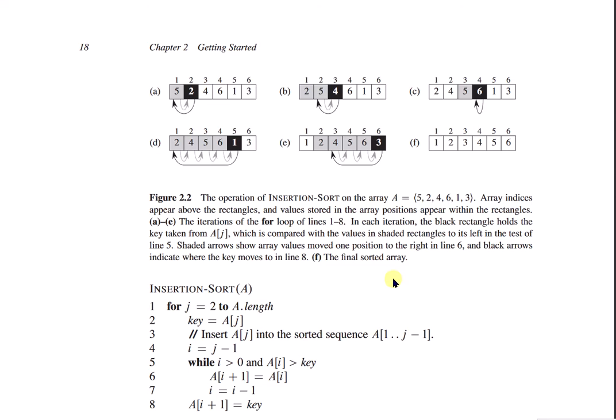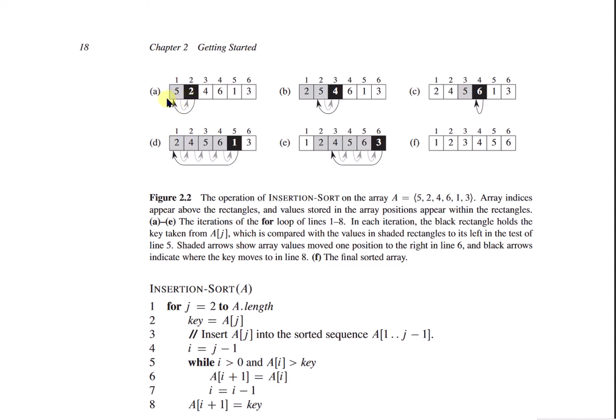Okay, the final sorted array, let us see. For the first run, we are taking j equal to 2 to length. J is right now 2, key is equal to 2, and I is equal to 1. We are checking I is 1, which is greater than 0, and A of I, 5, is greater than 2. So we are moving 5 to the second position here.